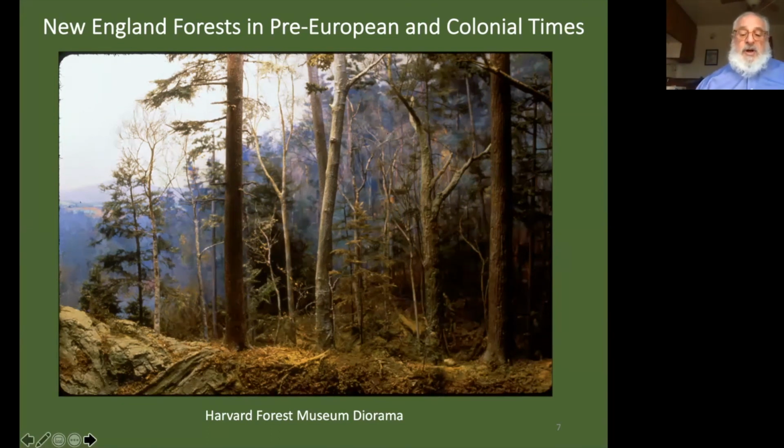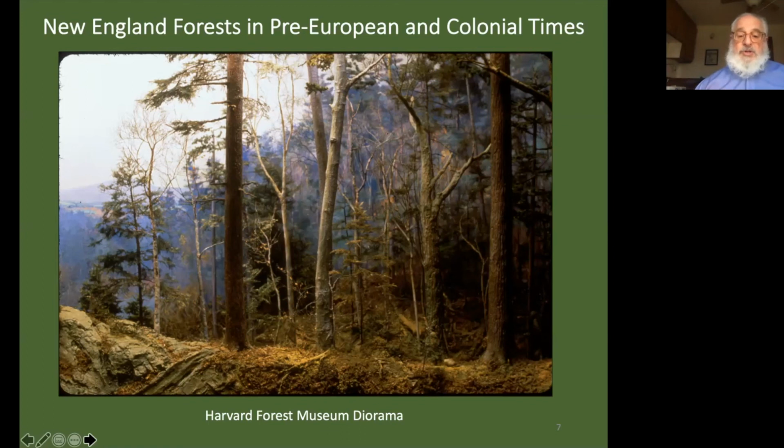Here's a picture of the diorama that the Harvard Forest Museum has developed to show us what at least one group of people think the forest looked like in all of New England. Wherever you are joining this call, this is likely what it looked like. And you see that this would obviously qualify as old growth. There are gaps in the canopy, so it's not solid.